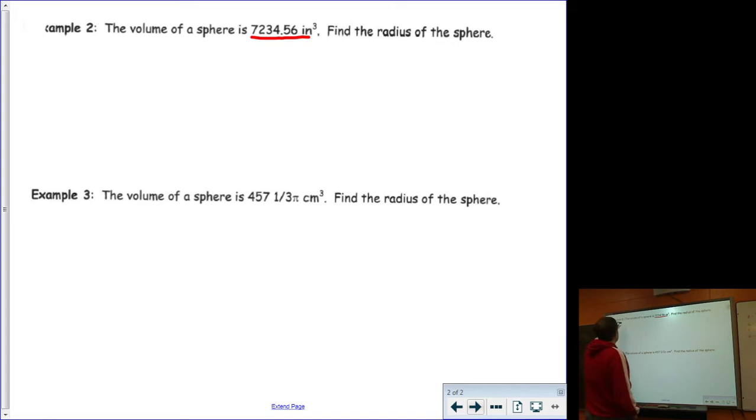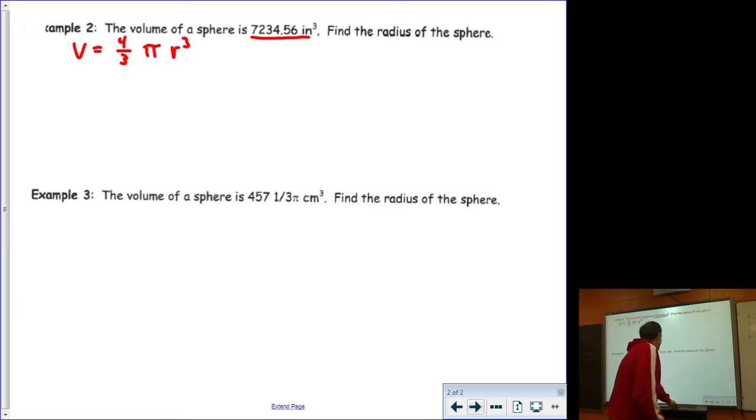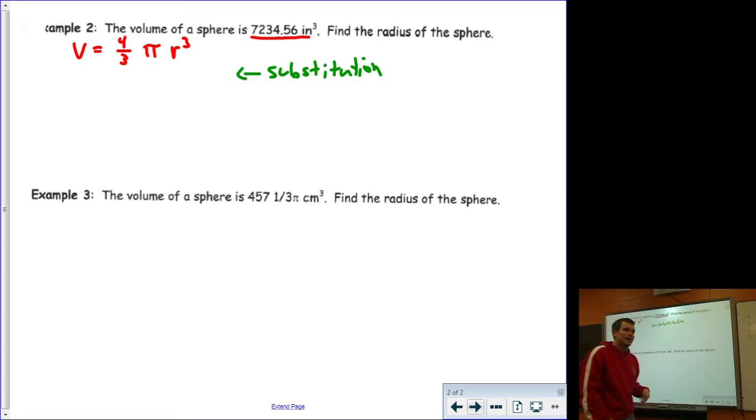So again, the first thing I'm going to do is write down the formula. 4/3 times pi times the radius cubed. And then I'm going to go ahead and do the substitution. So I will substitute in the numbers I was given, and I will solve for the variables that I do not know.